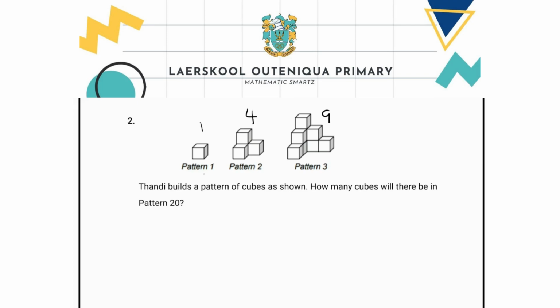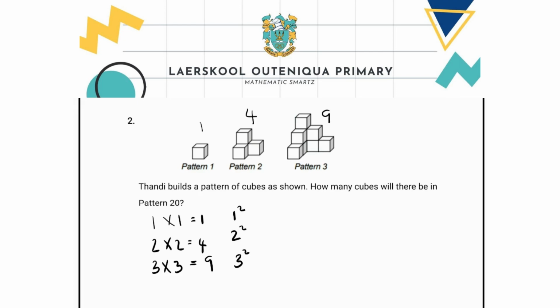For example, pattern 1, or simply 1 times 1, would give me 1. What about pattern 2? Well, 2 times 2 would give me 4. And pattern 3, 3 times 3 would give me 9. Or I could simply say 1 squared, 2 squared, and 3 squared.